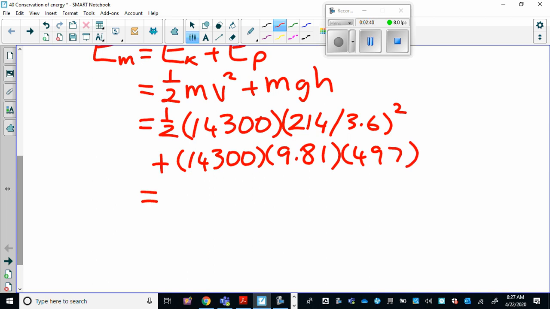Plug that into your calculator, and you are going to get 0.5 times 14,300 times bracket 214 divided by 3.6 and the bracket squared, plus 14.3 times 9.81 times 497 and the bracket.